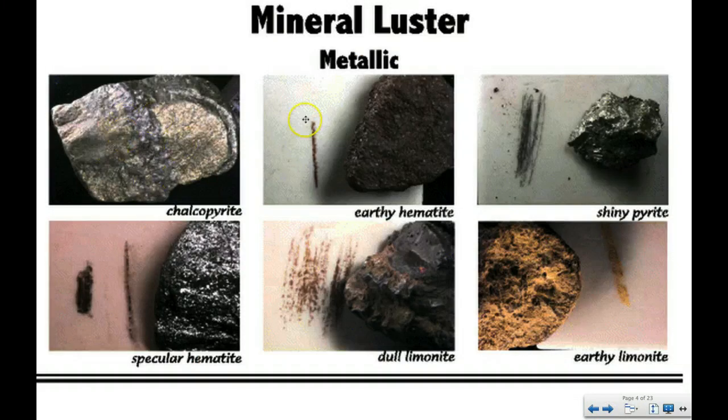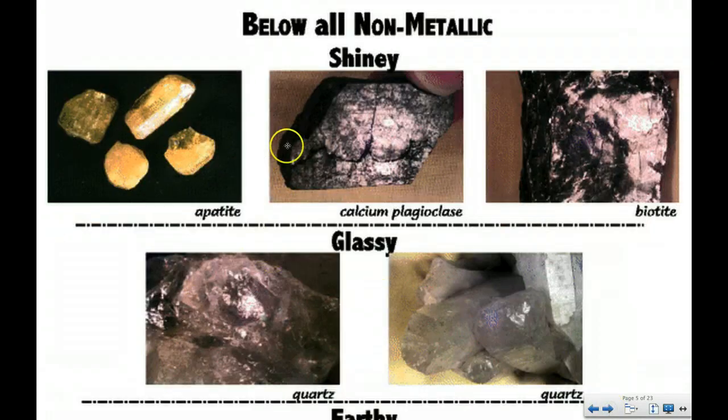But you can see these metallic minerals. All of them are not see-through, but they're shiny, like a piece of copper or a piece of steel or a piece of brass. They're shimmery like that. The other types, non-metallic, might be shiny, like this glassy quartz.